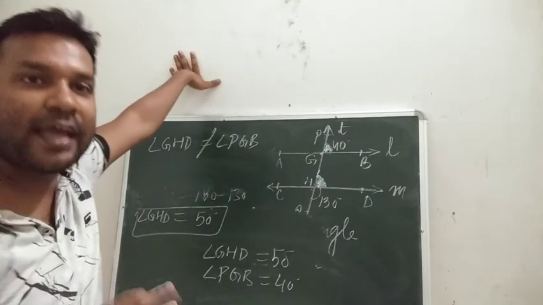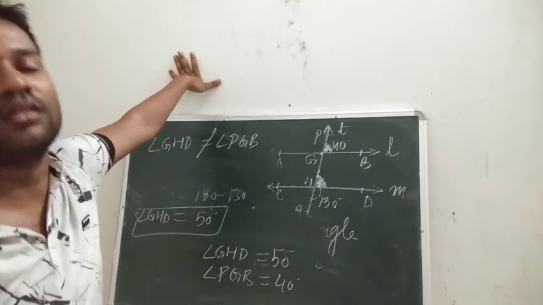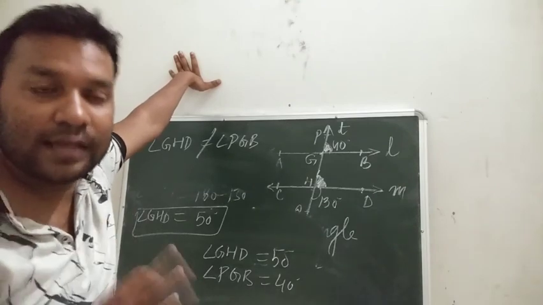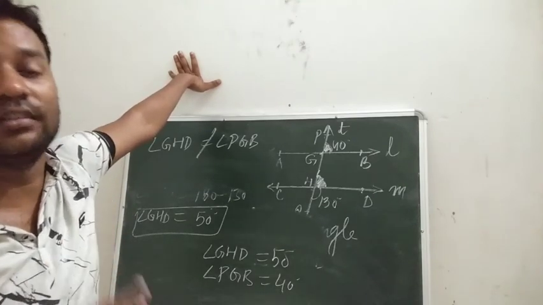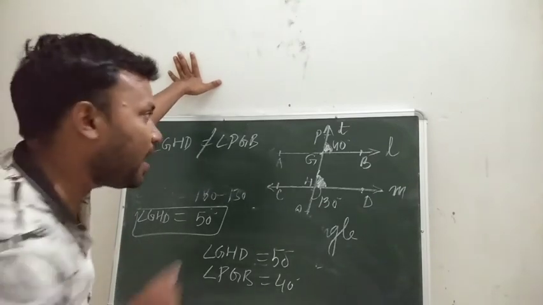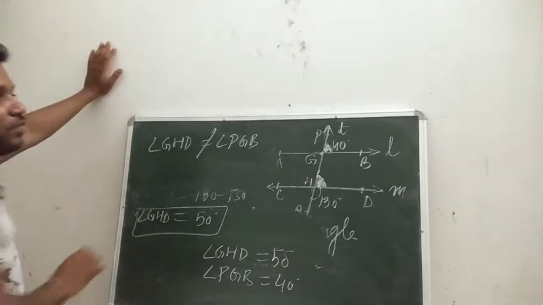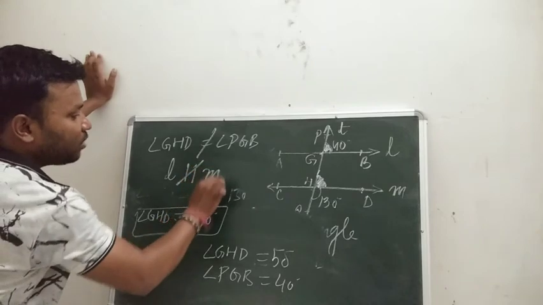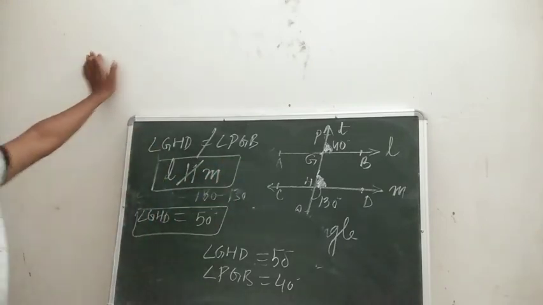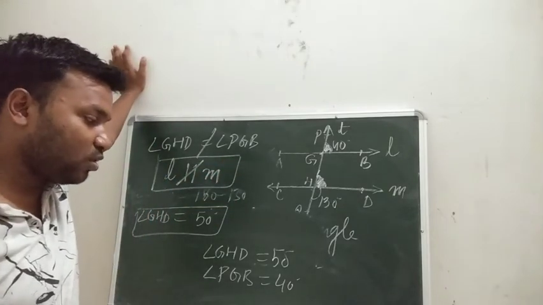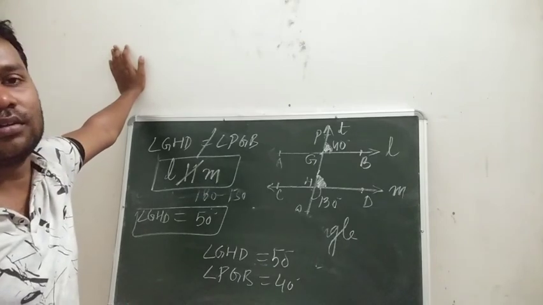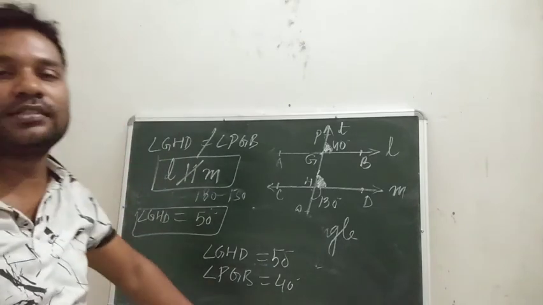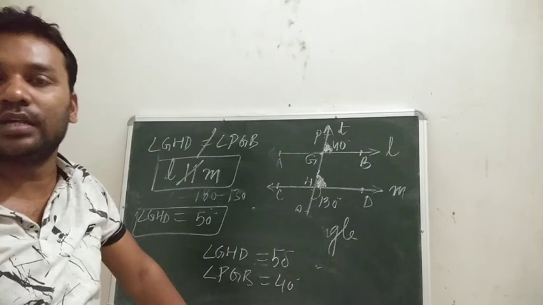If the corresponding angles between two lines are not equal, then we can say that the lines are not parallel to each other, and hence we can conclude that line L is not parallel to line M. So that was the verification in this question of whether lines L and M are parallel to each other or not.